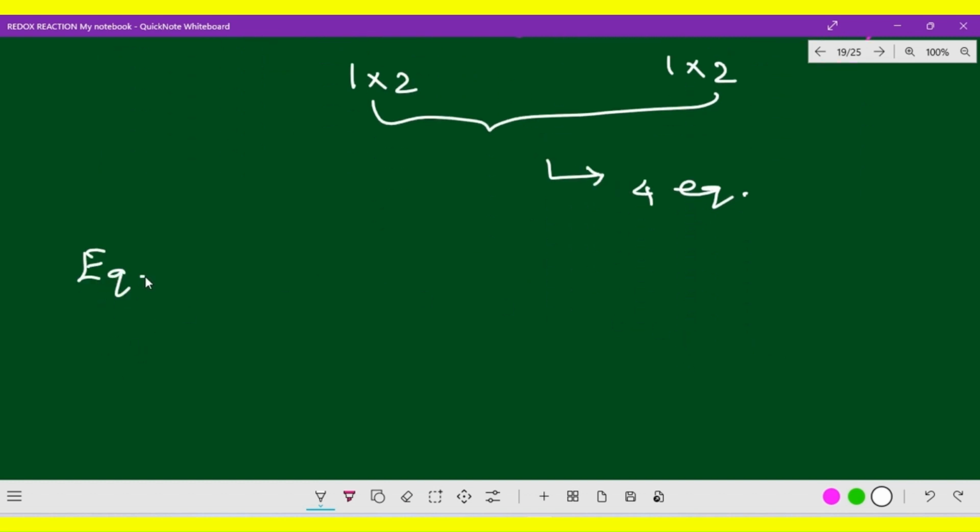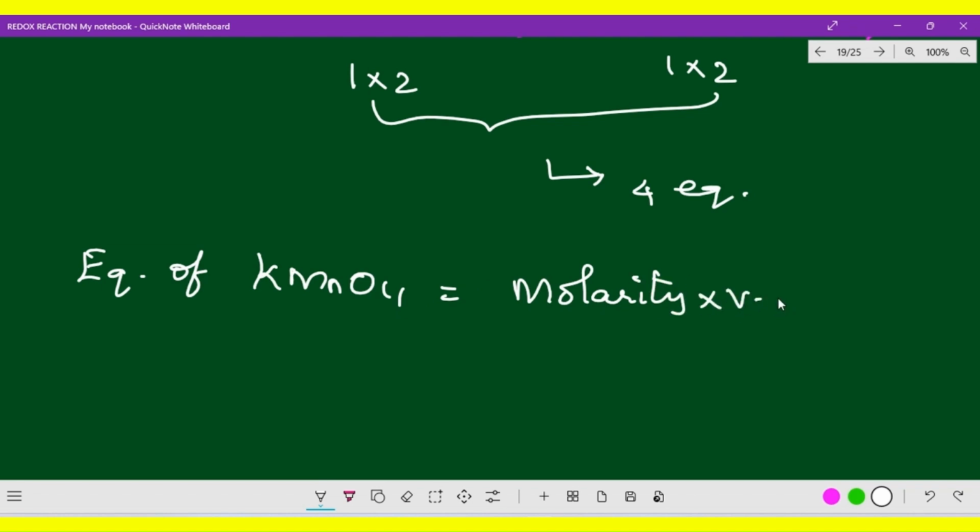So equivalent of KMnO4 equals molarity into volume of solution in liter. Here the molarity given in the question is 0.1, into V1, into the n factor.